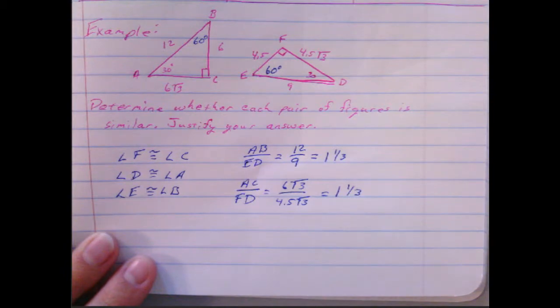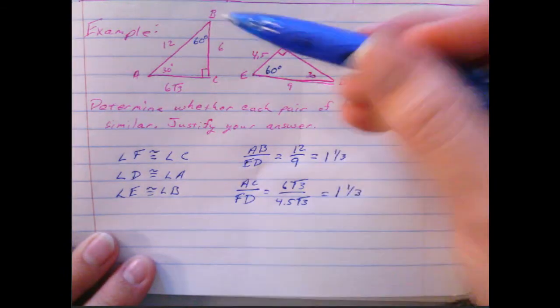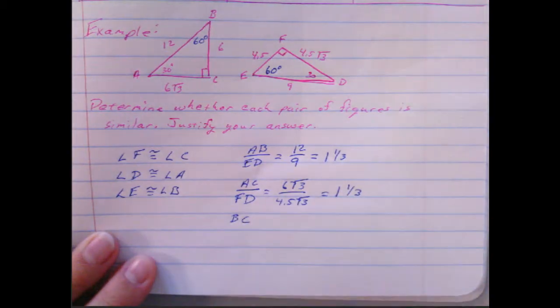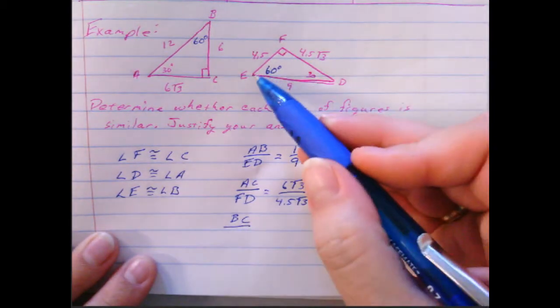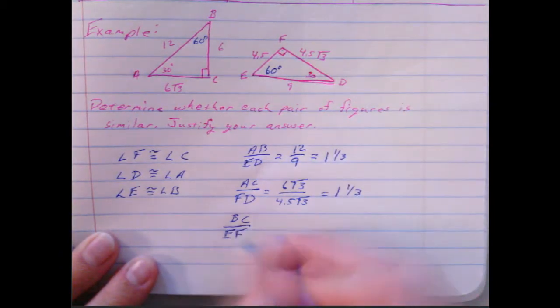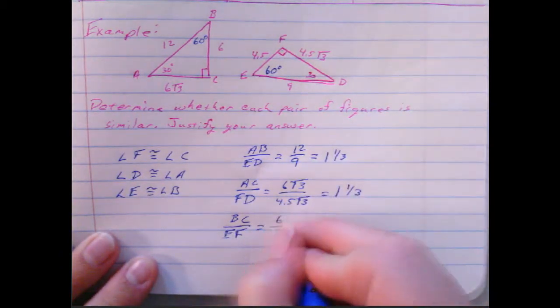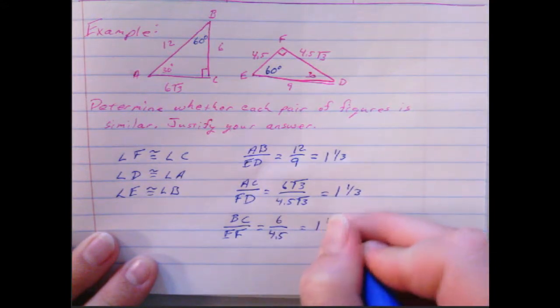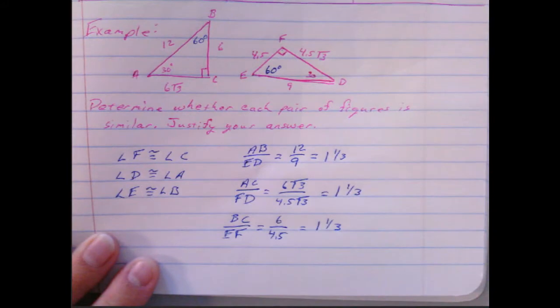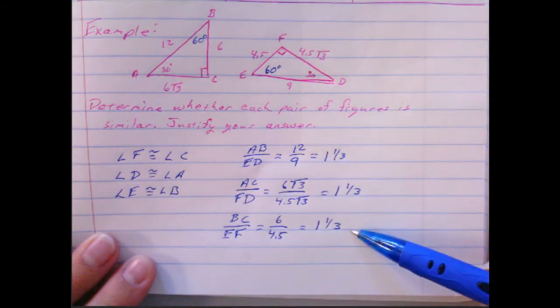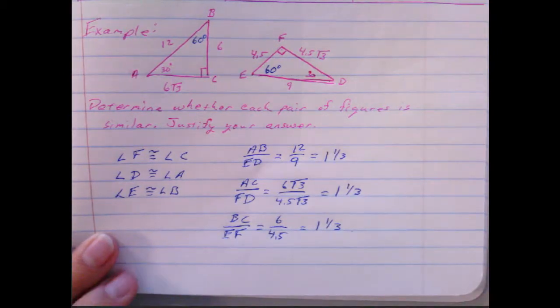The last one that we have is from B to C, the 60 to the 90. BC, 60 to 90 here, is going to be EF. BC is 6, EF is 4.5, and again when we reduce that we get 1 and 1/3. Since all of these ratios are the same, we can say yes, those triangles are similar.